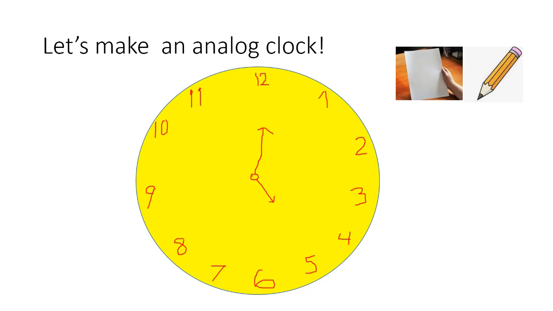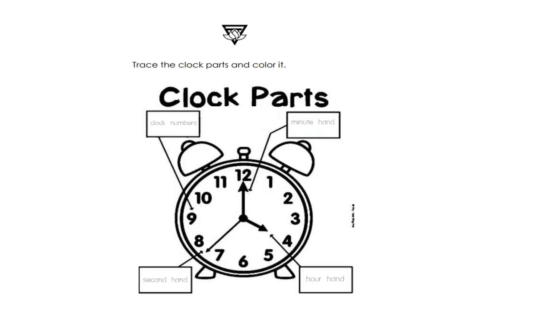So, thank you, kids. Do you have any questions about our lesson for today? Parts of the clock. So if there's none, I want you to do this worksheet. If you have this worksheet with you, I want you to trace. Okay, I will mark it.